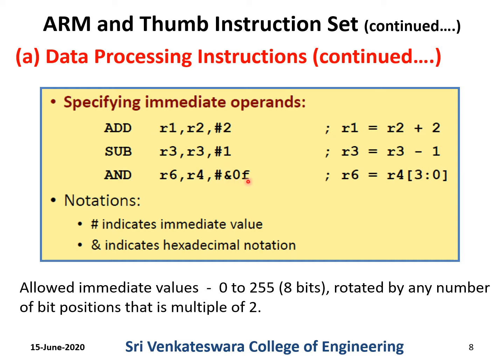So here the least significant 4 bits are 1, that is logically ANDed with R4's register, and the result is stored in R6. One more point to be noted is the immediate operand can be anywhere between 0 to 255, which will occupy only 8 bits. So values larger than 8 bits cannot be used as immediate operands in the instructions.